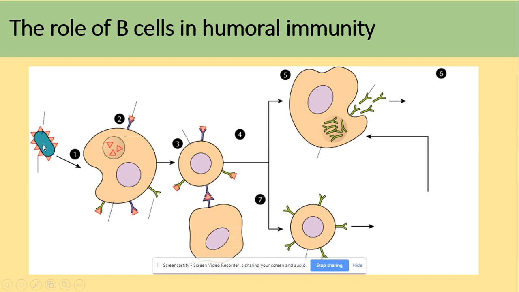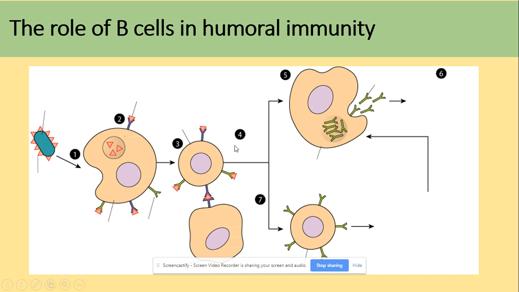Once the pathogen with the antigen is engulfed, the antigen will be presented on the cell surface membrane of the B cell. Then the T helper cell comes along and stimulates this specific B cell with the specific antigens to divide.